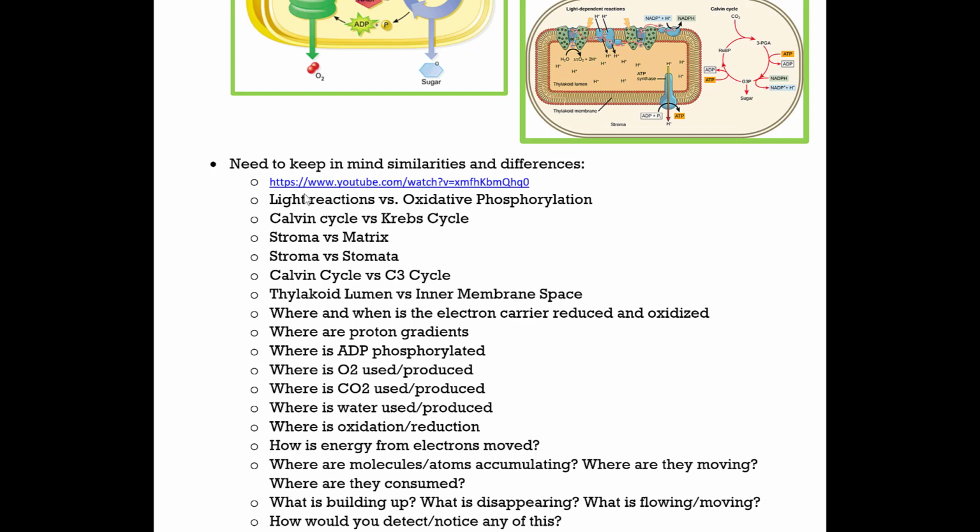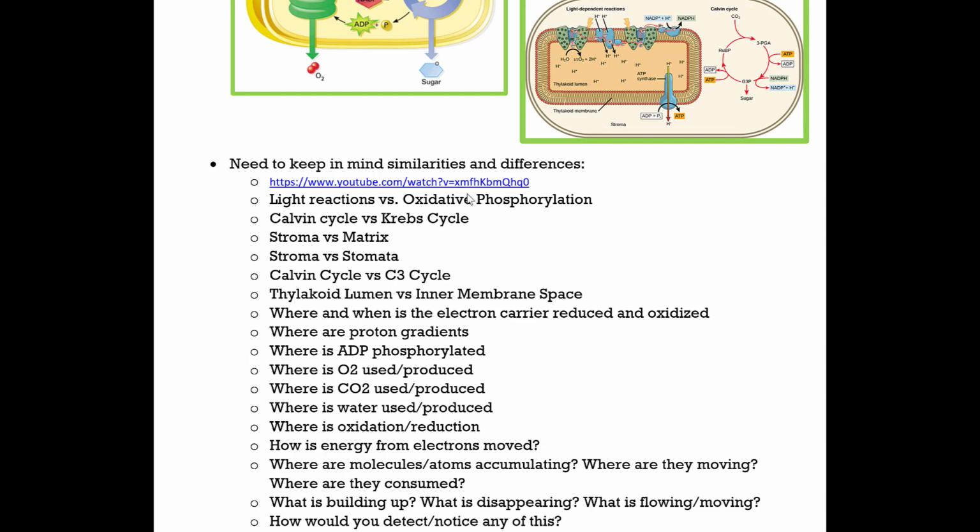So the light reactions, those occur in photosynthesis. They occur at the beginning of photosynthesis. And photophosphorylation occurs here. So we have ADP being phosphorylated by ATP synthase, and it's being powered by photons. Oxidative phosphorylation occurs in cellular respiration.